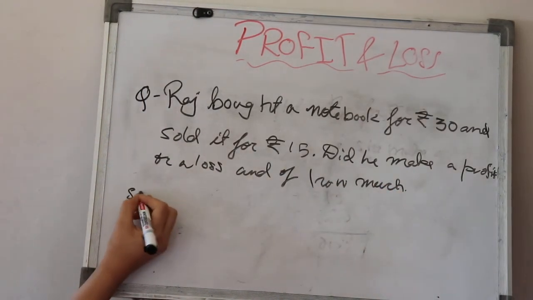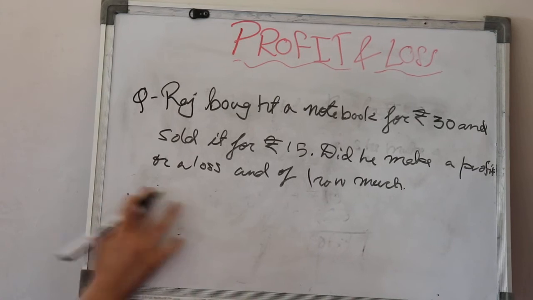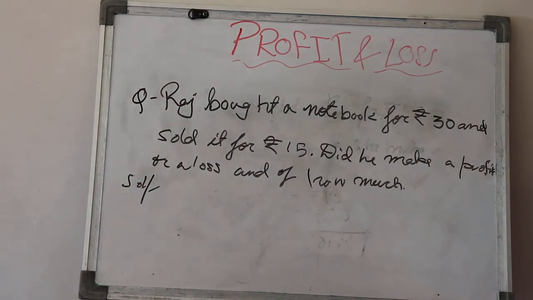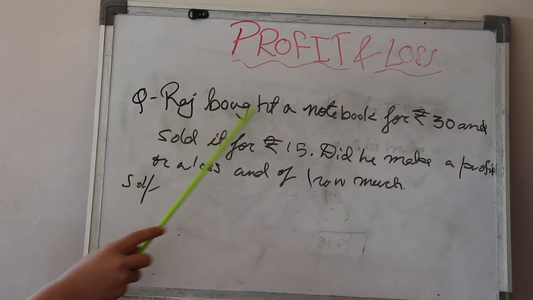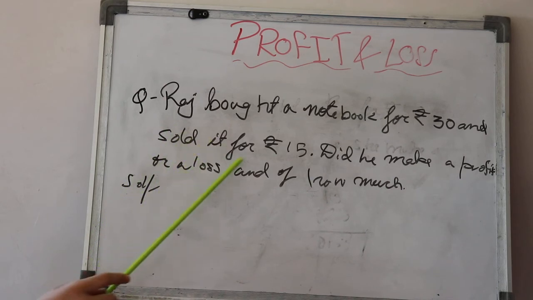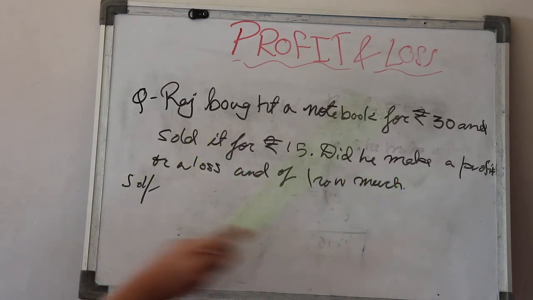I have to solve this, okay? Right here. So I'll read it, okay? Raj bought a notebook for rupees 30 and sold it for rupees 15. Did he make a profit or a loss, and of how much?